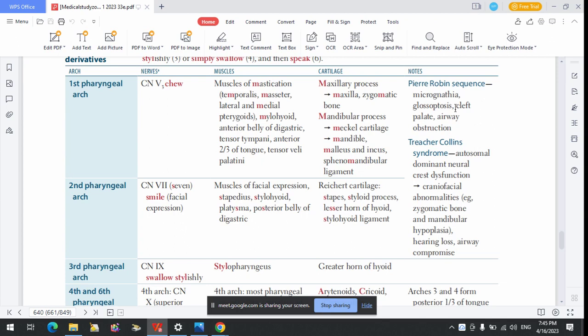Is that easy for you guys? Hello, guys. You guys are not answering. So sorry, so is Pierre Robin... did you say it's a failure of both the first and second pharyngeal arches to develop? Which one? Hello?